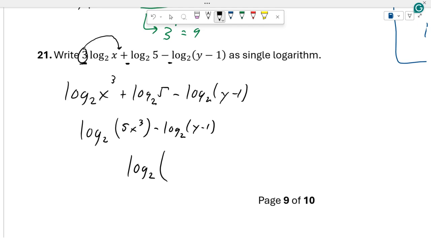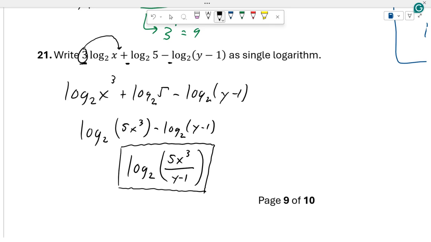Because I am subtracting the two logarithms, when I combine it into a single logarithm, it's going to be a quotient, because that's what the quotient rule says. So the 5x cubed is my numerator, and then I'm dividing by the second logarithm, which is y minus 1, close parentheses. And that, as we were instructed to do, is a single logarithm. It's the logarithm of 5x cubed divided by y minus 1, base 2.